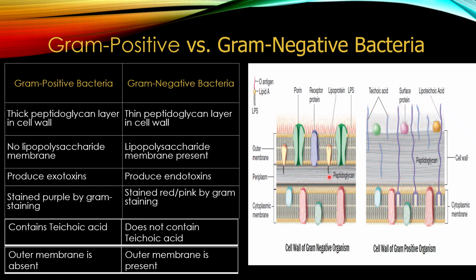As you can see, this is the outer membrane, present in gram negative bacteria and absent in gram positive bacteria. So these are the major differences between gram positive and gram negative bacteria.